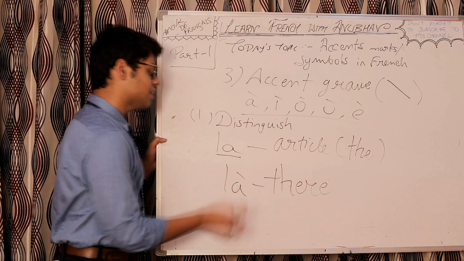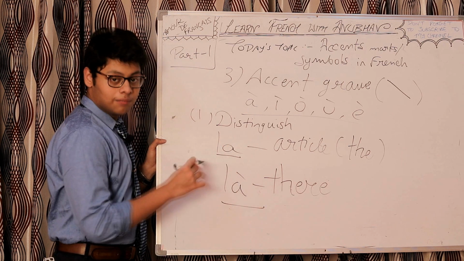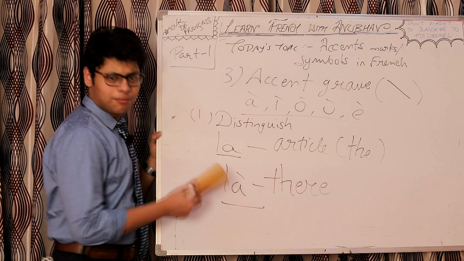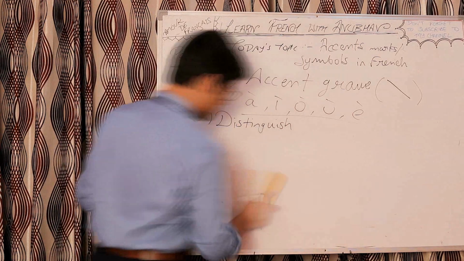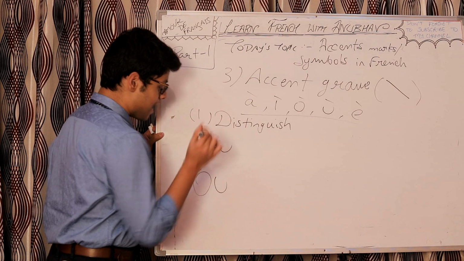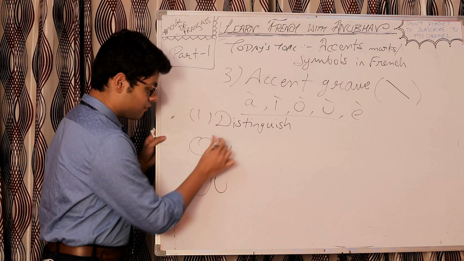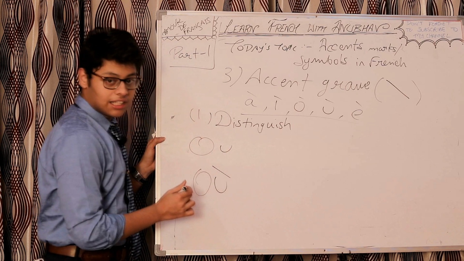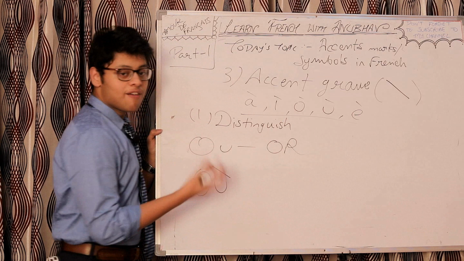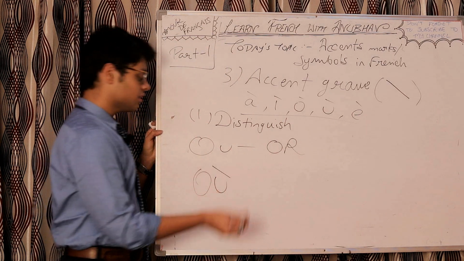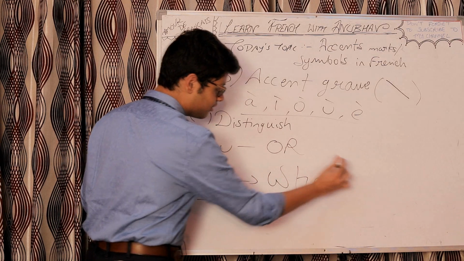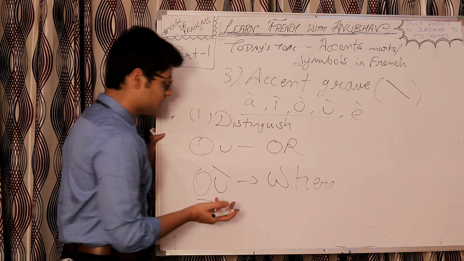This la is an article, this là means there. Now, let's take one more. Say ou and où, one without an accent grave and one with an accent grave. This ou means or, when we have options like this or this. And this où means where. Again, so much difference is there.